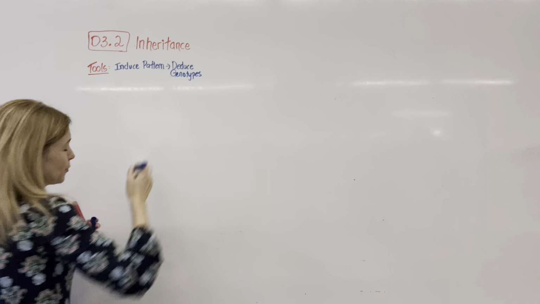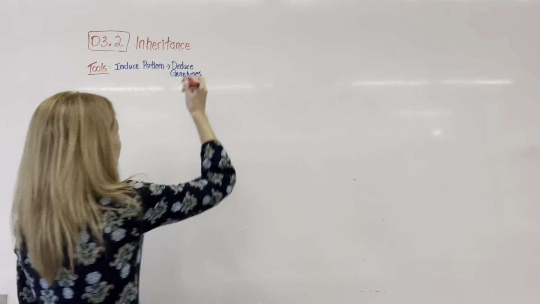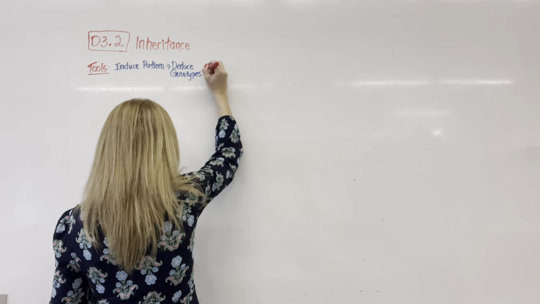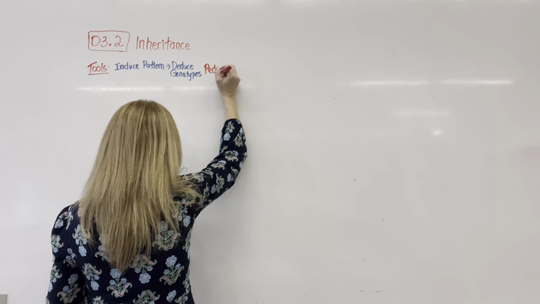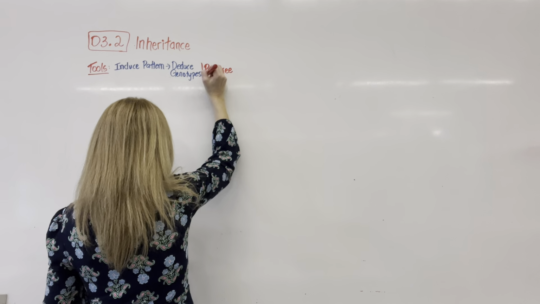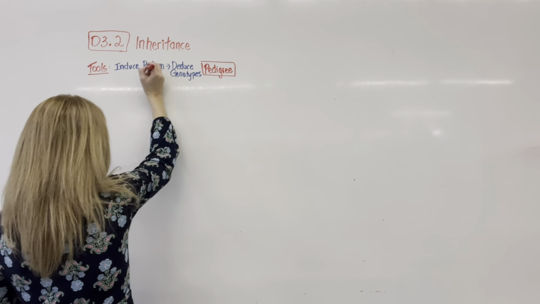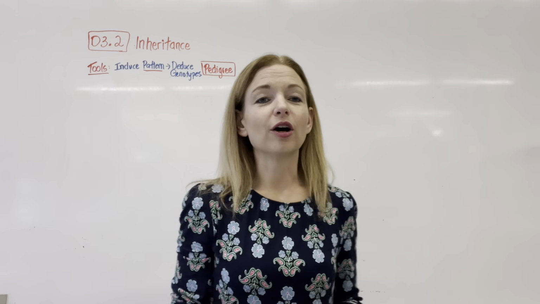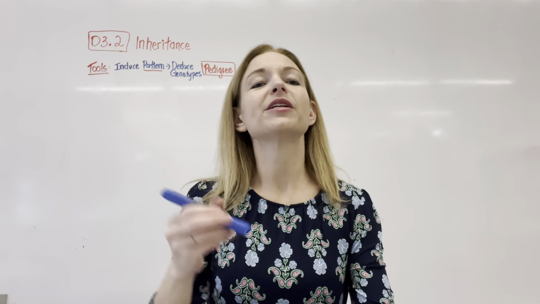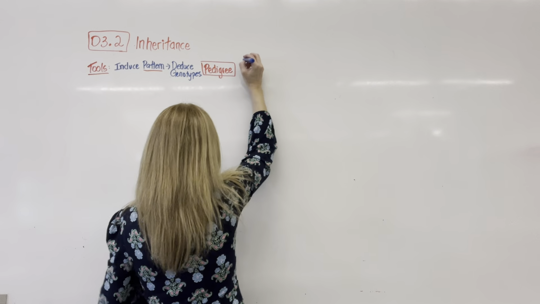So that is the purpose of a pedigree. The reason why we would use a pedigree is to be able to say, here's a pattern, what do we think is going on, and how does that affect different people?